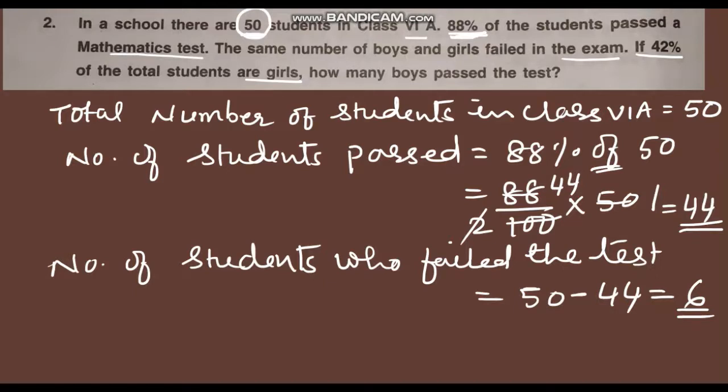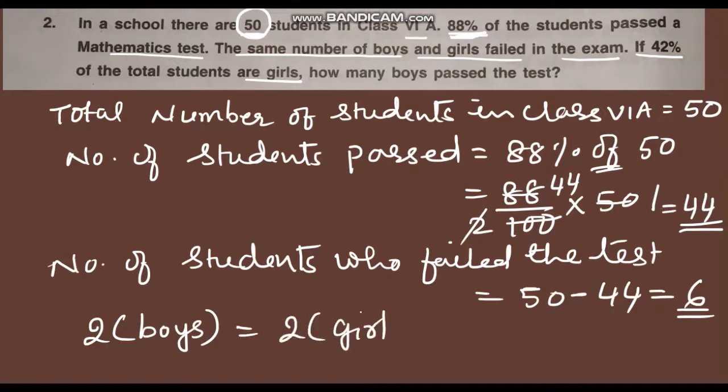Now see children, if 6 students failed, we have here the same number of boys and girls failed in the exam. Means if X number of boys failed, then X number of girls failed. So we can say that 2 into boys or 2 into girls, we can say like this, equal to 6.